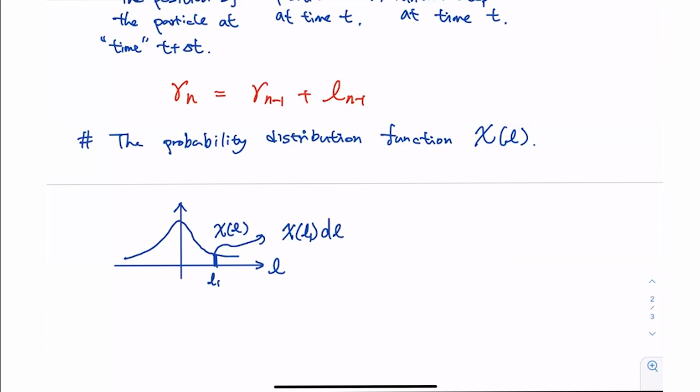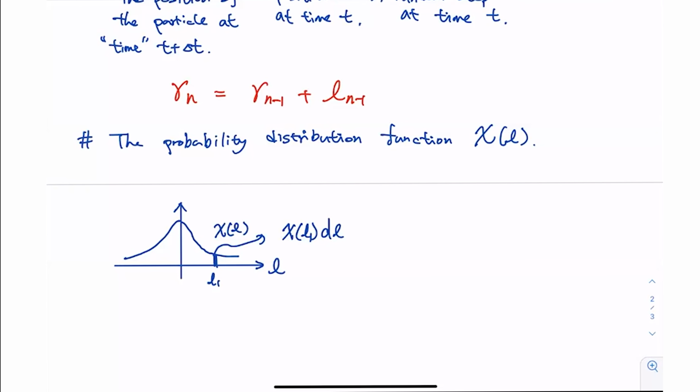So basically that's a small stripe, like in what you have learned in calculus about Riemann sums. Why is it important? Because once you know the probability distribution function, you know basically everything. You can evaluate the average value, the variance, and all other things.